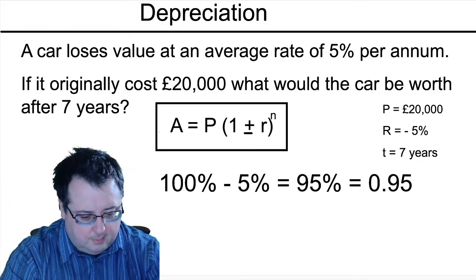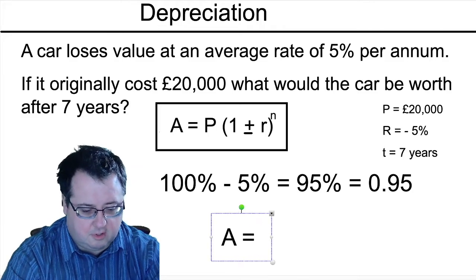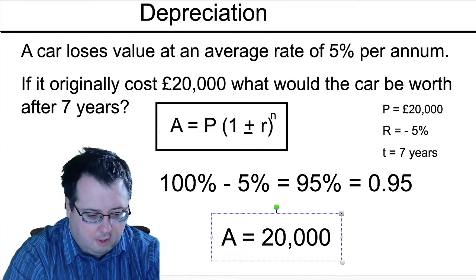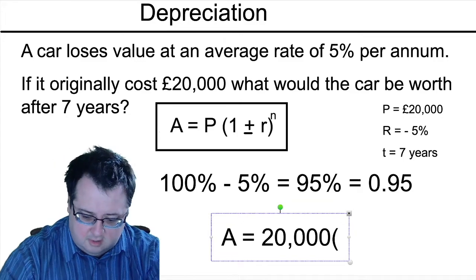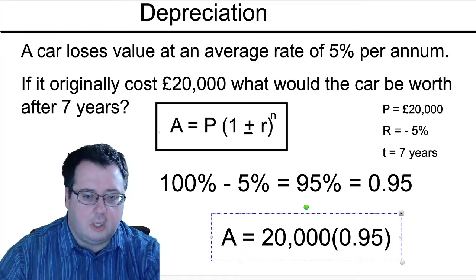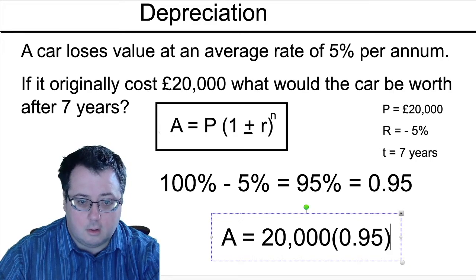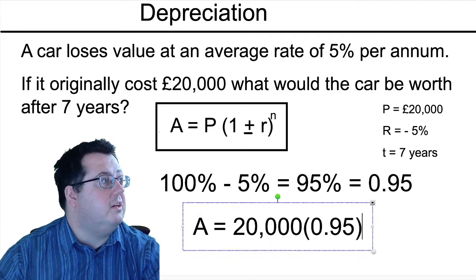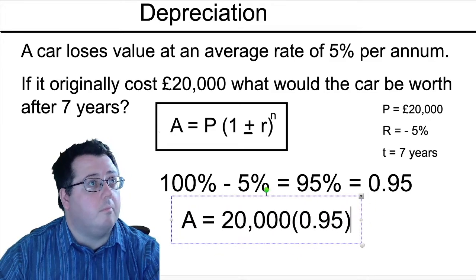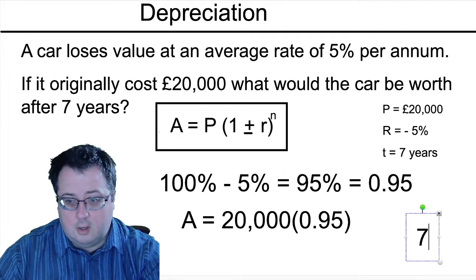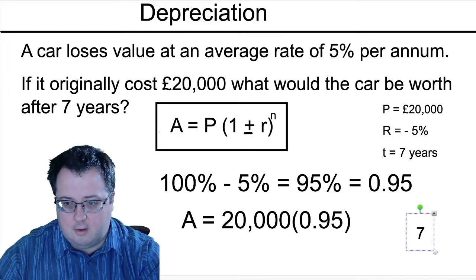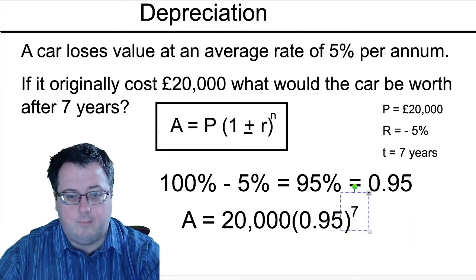Then we can use the formula A equals the principal, 20,000, open brackets, 0.95 because it's a depreciation. Move the box here a little bit. There we go. I raise this to the power 7. Put this here.